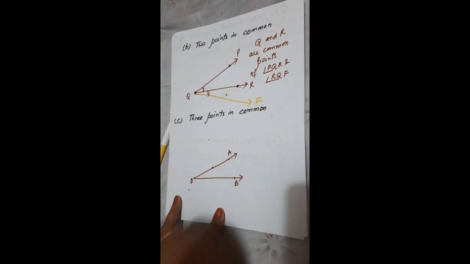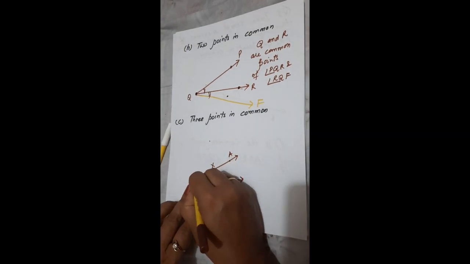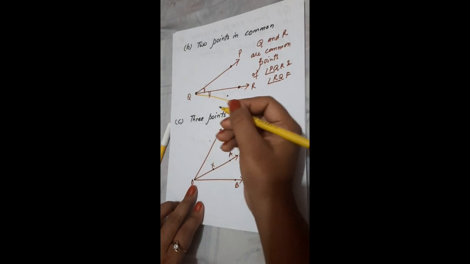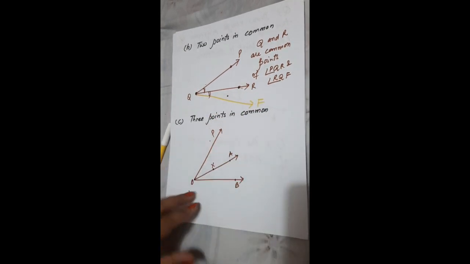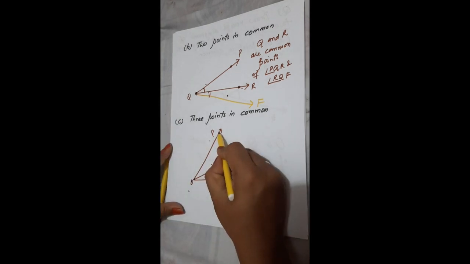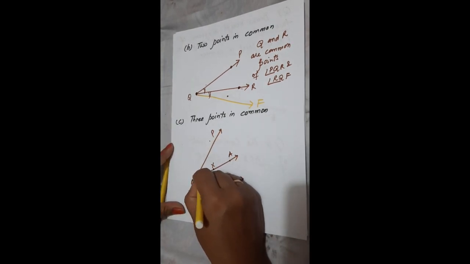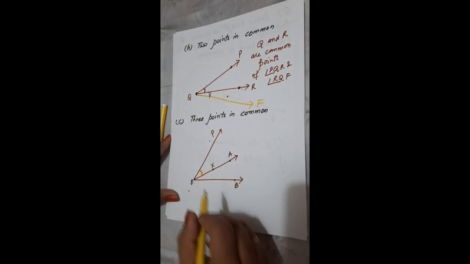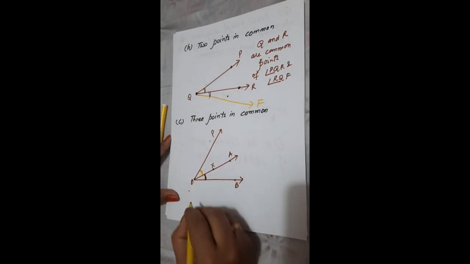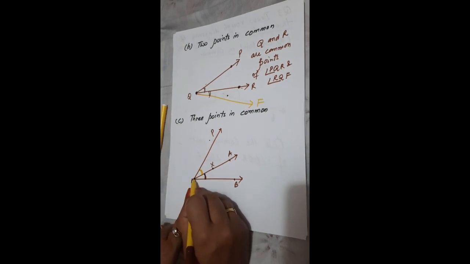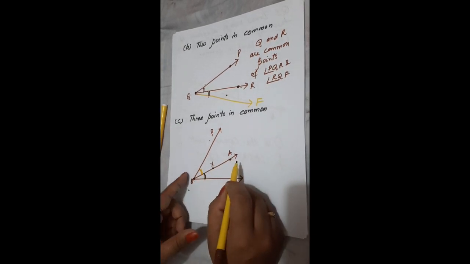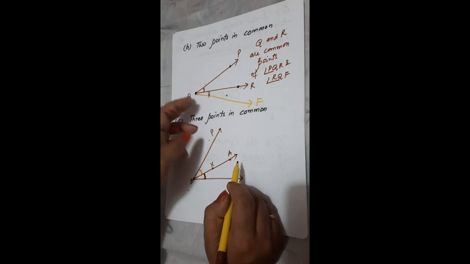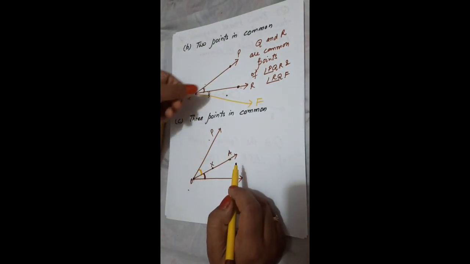If I take one point over here and name it as X, now from this point I will draw another angle and let it be P. Here POA is an angle, and here AOB is an angle. How many points are common between O, X, A? 3 points. Similar as we did in B part, here we take 2 points, and in the third point let's take one more point, so 3 points in common.